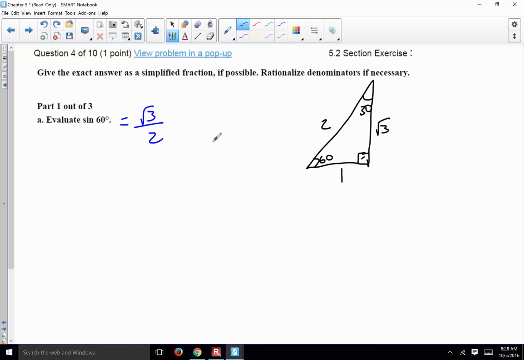You're going to use this triangle to make this. 1, 2, 3, but the 3 is under square root, okay? Now where is 1? 1 is opposite the smallest angle. 2 is hypotenuse, opposite 60 is root 3. So again, sine 60 means opposite over hypotenuse, root 3 over 2.